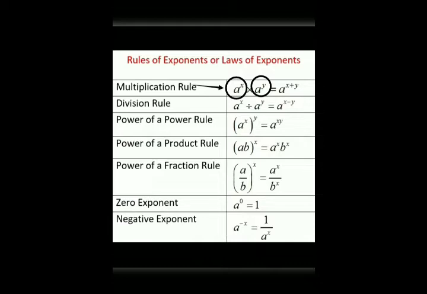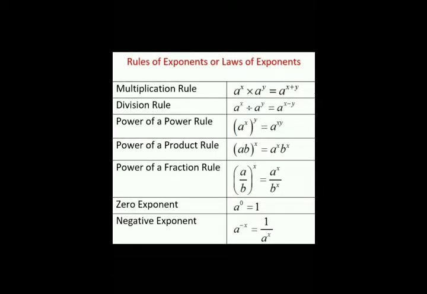In the first term the power is x, and in the second term the power is y. But according to our rules of exponents, whenever the base is the same in a multiplication operation, we have to take the addition of their powers. So our answer becomes a raised to the power x plus y. So this is the first rule, of multiplication.